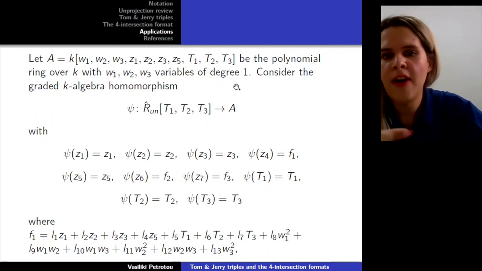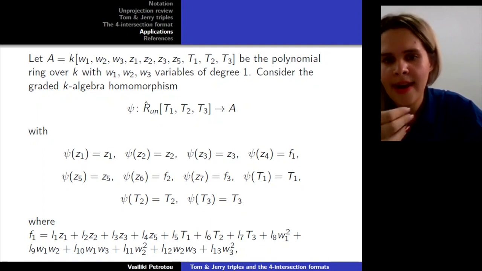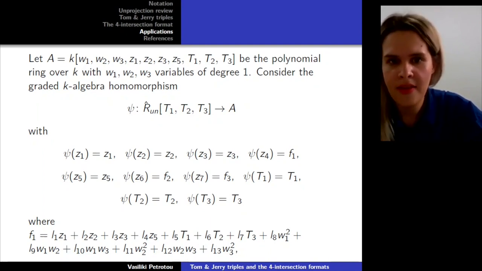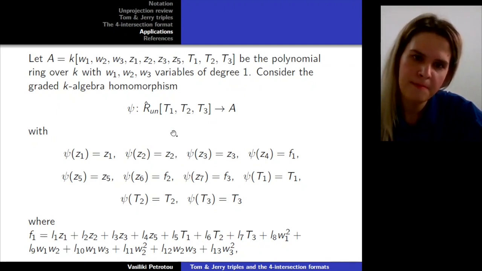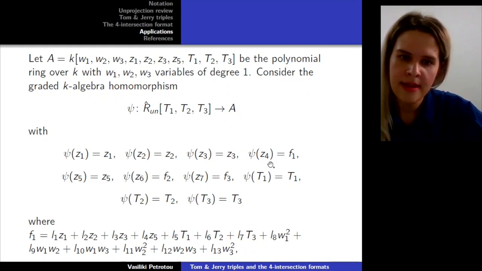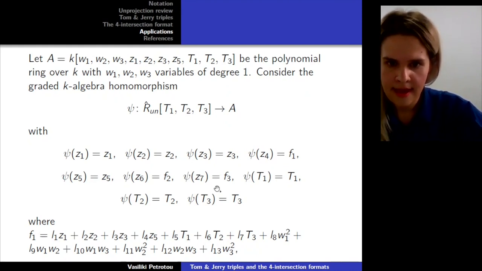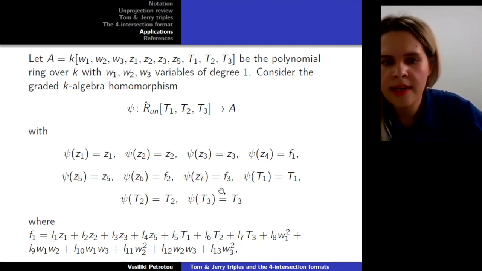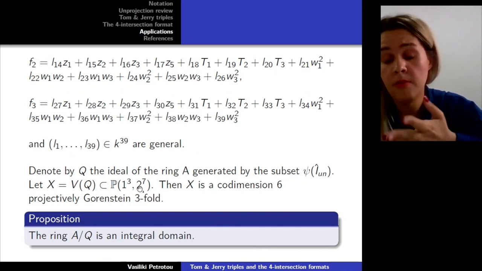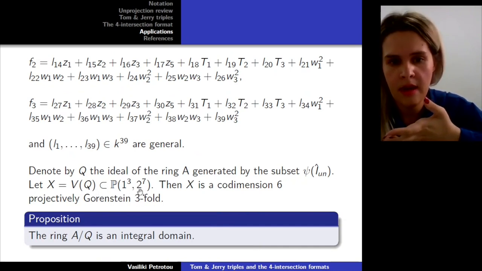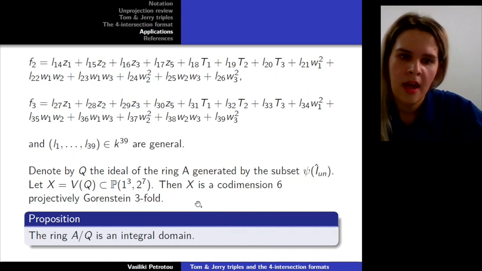And the three more variables of degree 2 that we don't need, we just substitute with general elements of degree 2 in the other variables. This is what describes this map psi, that we replace Z4, Z6, Z7 with general elements of degree 2 in the other variables. And now we have the right object, the object which lives in the right weighted projective space.